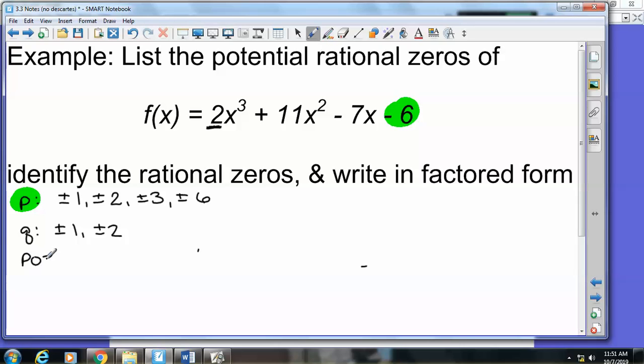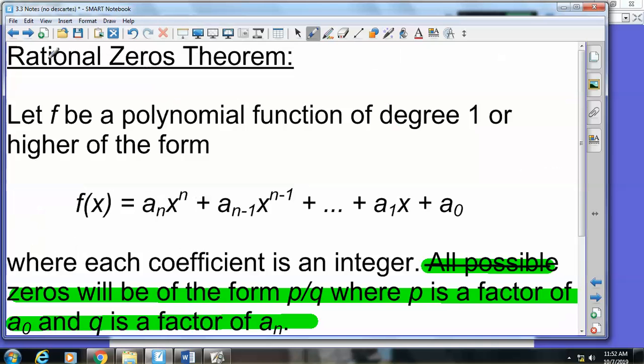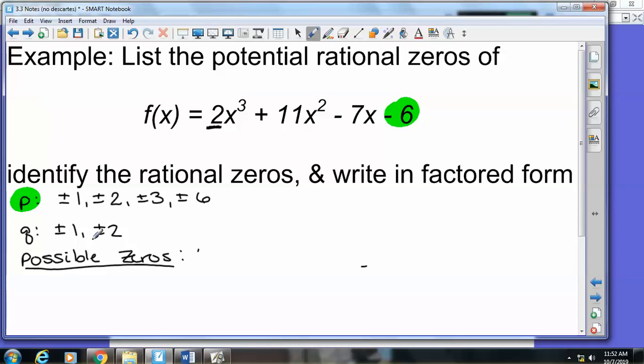From there, we do our possible zeros. That theorem told us that our possible zeros are P over Q. So if you did 1 over 1, okay, you could do +1 over +1, or -1 over +1. So can we agree we would still have the plus and minus on everything?